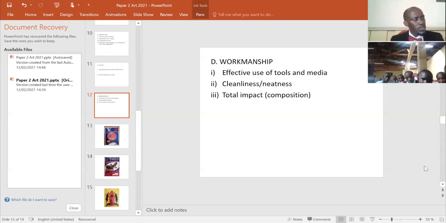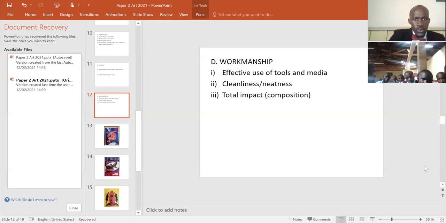And just like we've done with the painting and the drawing, I would like you to study them and find out if the candidate managed to have the correct interpretation of the question, if the composition has effectively used the correct elements and principles, if the space has been used appropriately, if the format is appropriate for that particular work, and if the illustration is clear.